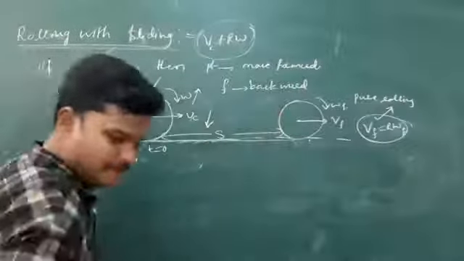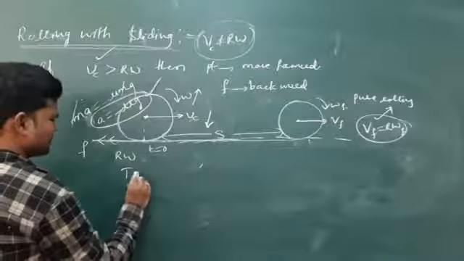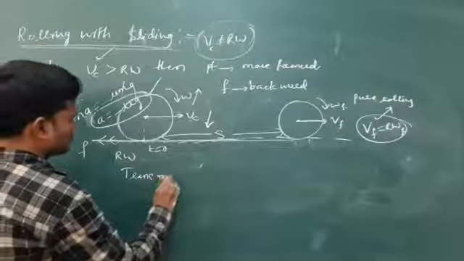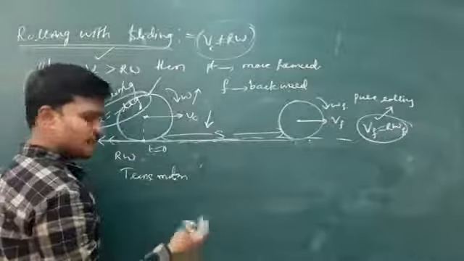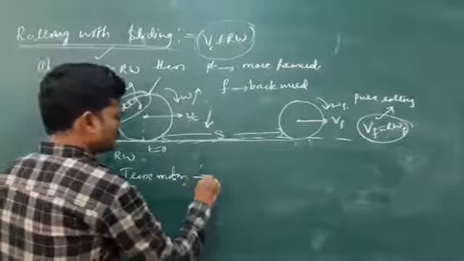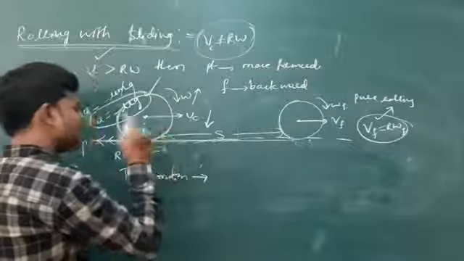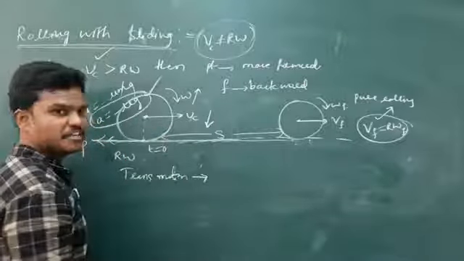See, let me write translational motion equations. Translational motion equations means I am writing linear impulse, which is nothing but conservation of linear momentum. So momentum at time t equal to 0, initial momentum.